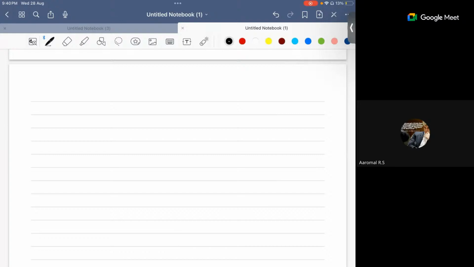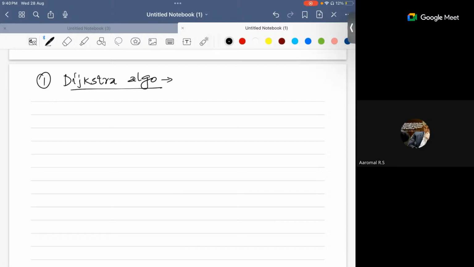I'll just write Dijkstra's algorithm, and then you have Bellman-Ford and the Floyd-Warshall algorithm. The first statement: where do you use Dijkstra's algorithm?